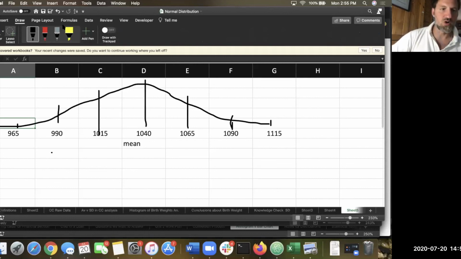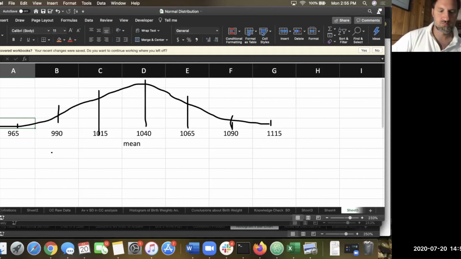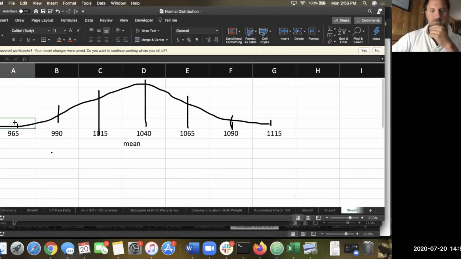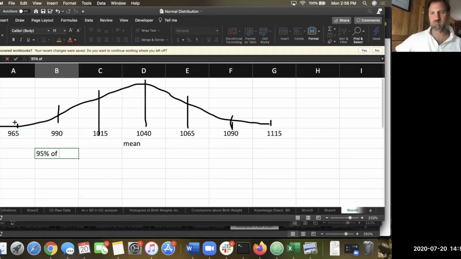Because it's saying what's the 95% in the center? So 95% of blank are between blank and blank.